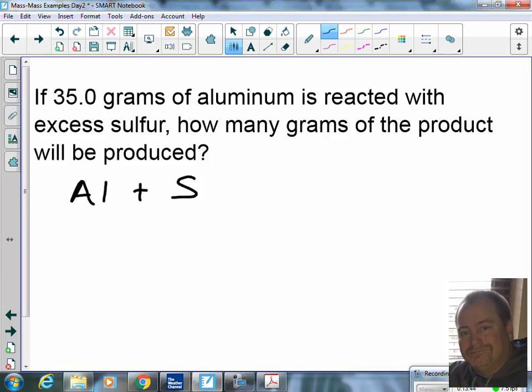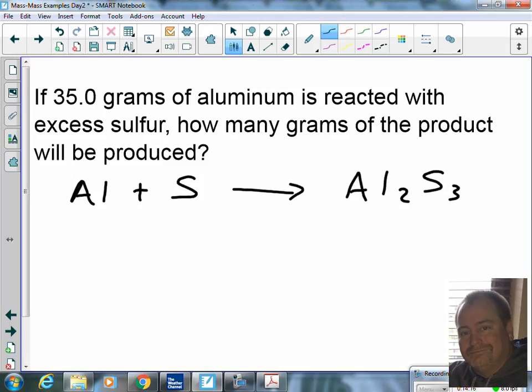Is sulfur a super 7? No. Okay. What type of a reaction do you have going on here? A combination reaction. So, what is my product going to be? Aluminum sulfide. What is my formula for aluminum sulfide? Al2S3. Excellent. It's nice work.